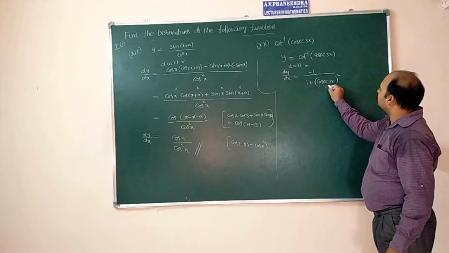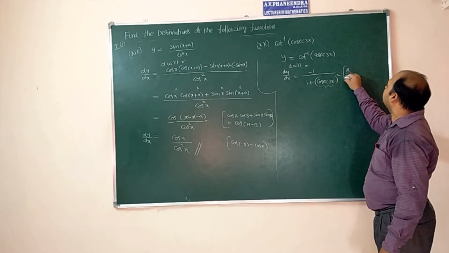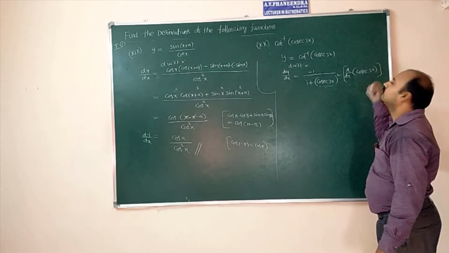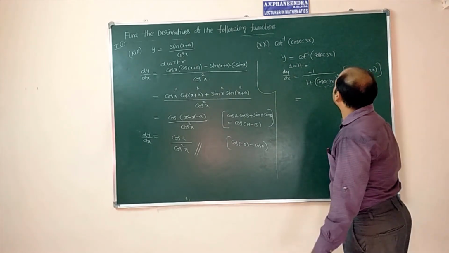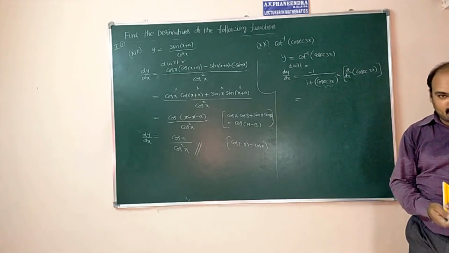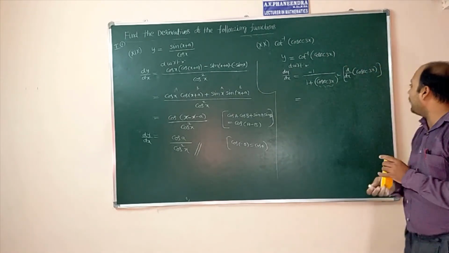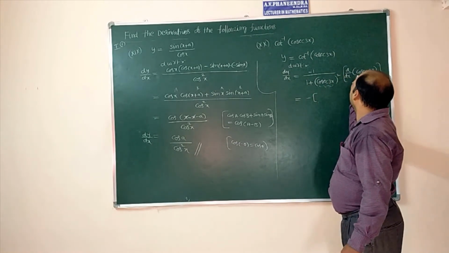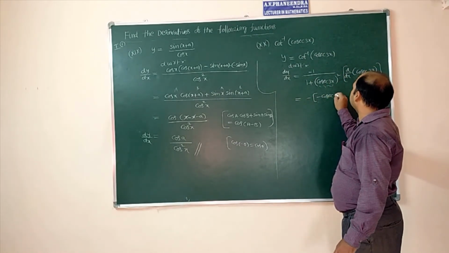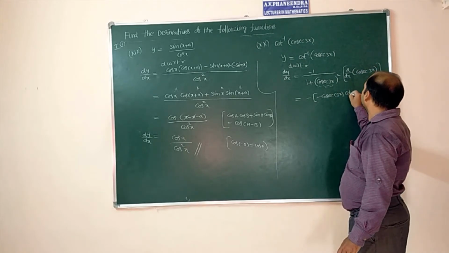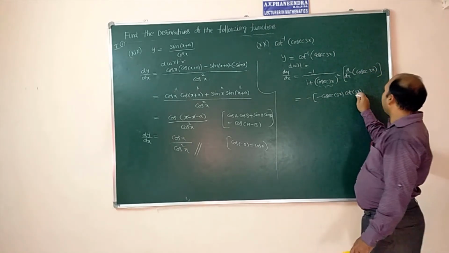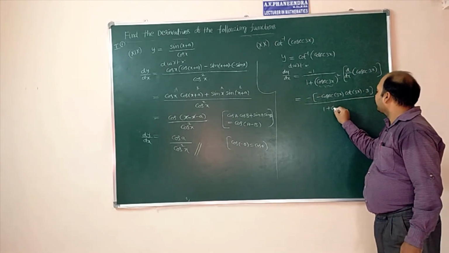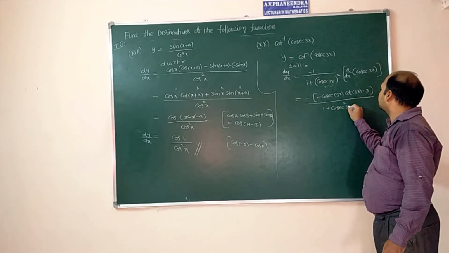Again, what we have to do? Cosecant of 3x we have to differentiate. d by dx of cosecant of 3x is equal to d by dx of cosecant x, which is minus cosecant x cot x. So minus cosecant 3x cot 3x into d by dx of 3x, which is 3, divided by 1 plus cosecant square 3x.